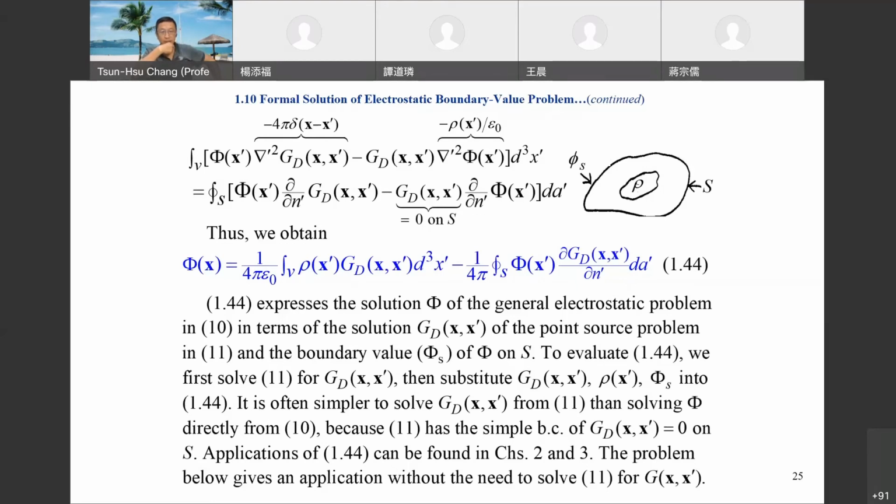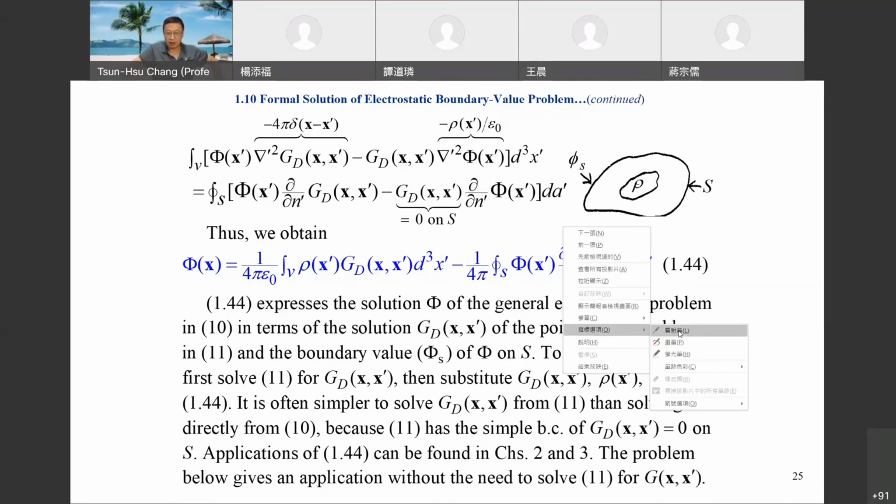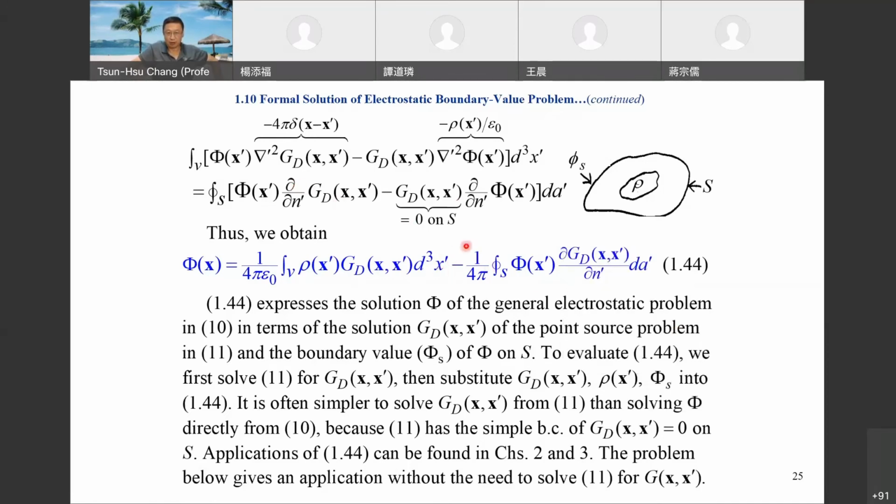Then the remaining part is just the volume integral. So we just killed all the surface contribution. Not all. We still keep one term. This is still a surface integral.